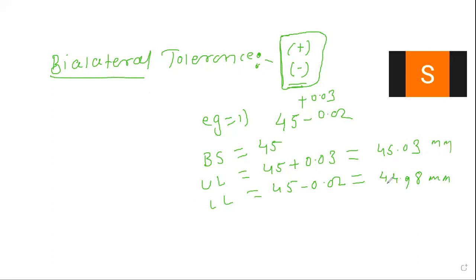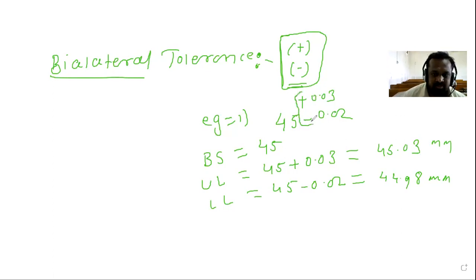So it is called bilateral tolerance. Why is it called bilateral tolerance? Because we are showing the tolerance of sizes on both sides of basic size, on the upper side and lower side also. So understood? Yes, sir.